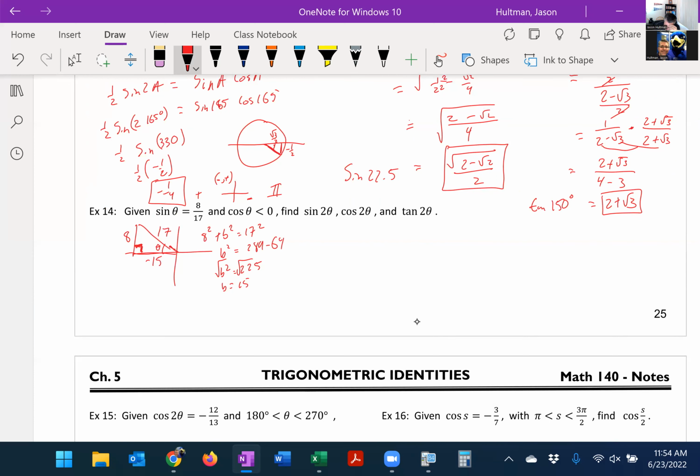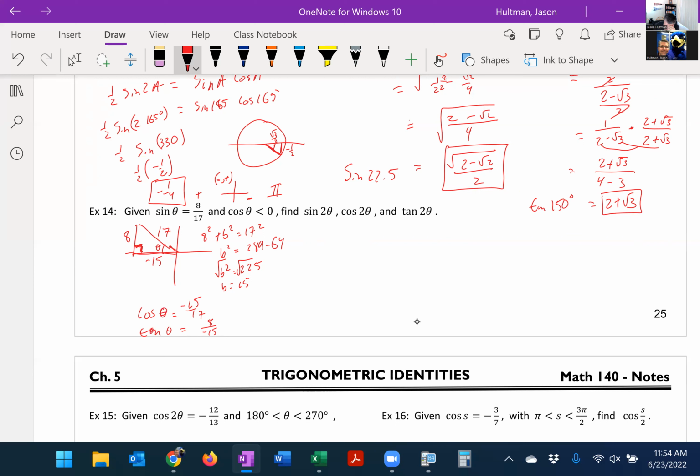So what would my cosine be? My cosine of theta would be negative 15 over 17. And what would my tangent of theta be? My tangent of theta would be negative 8, or sorry, 8 over negative 15. So that's the cosine theta and the tangent of theta.